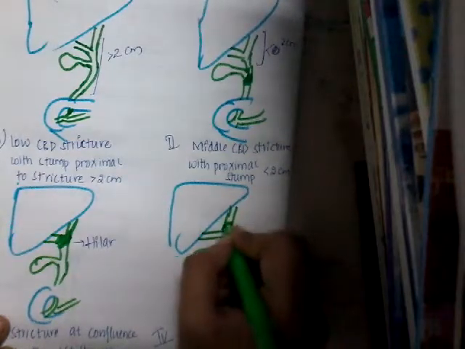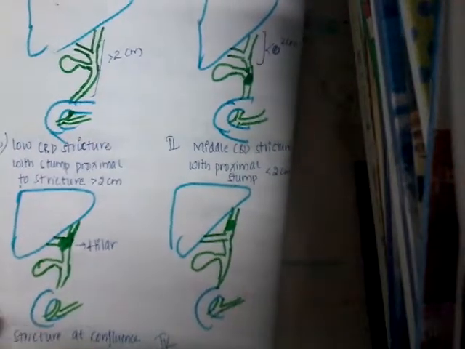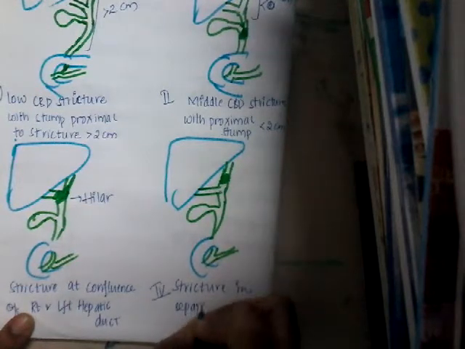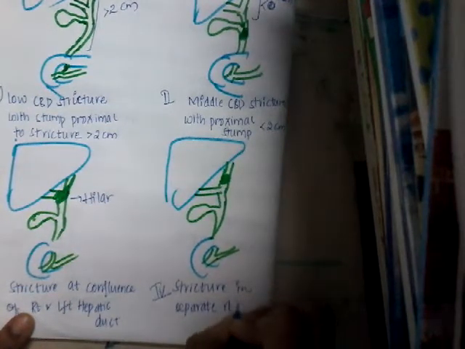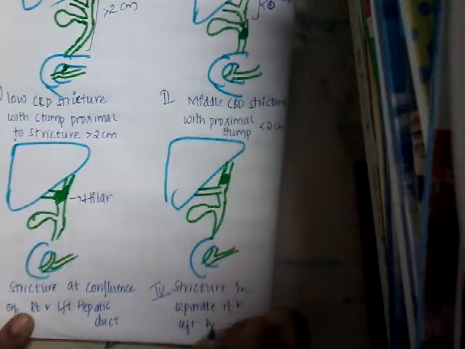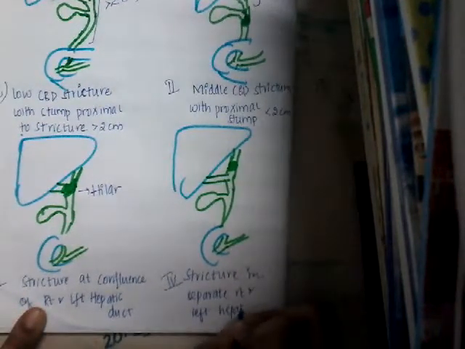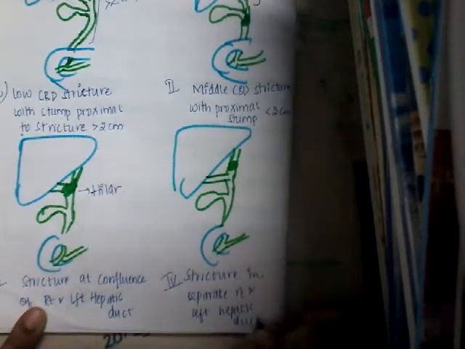So the stricture is either in the right duct or the left duct. So stricture in separate right and left hepatic ducts.